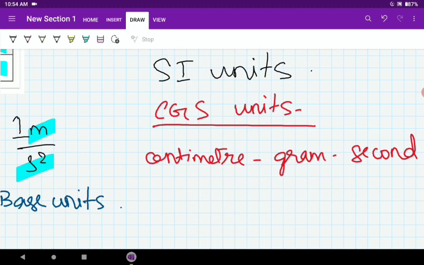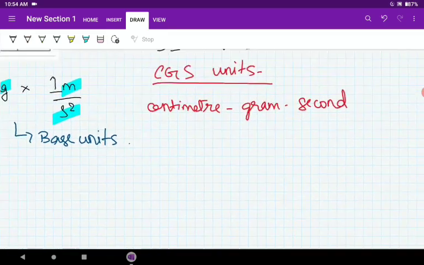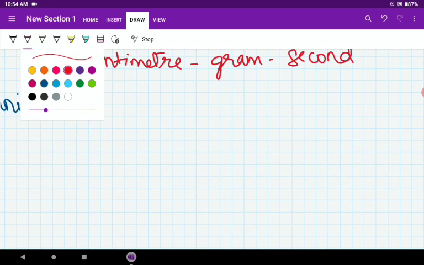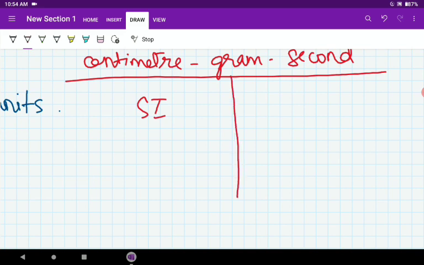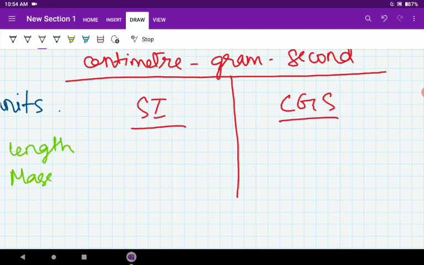So if we compare it to the SI units, you can very well understand it here that SI, we draw a line, and CGS. So what are the parameters? Length, mass and time. For length, what is the SI unit? It is meter. For CGS, it is centimeter.